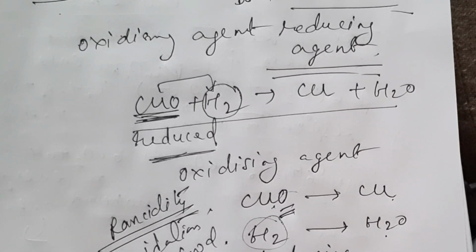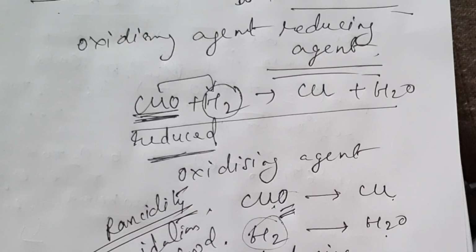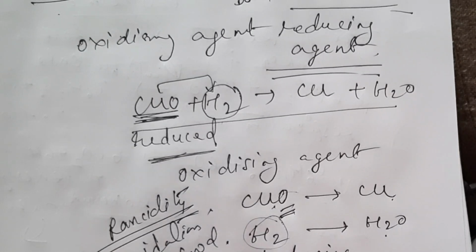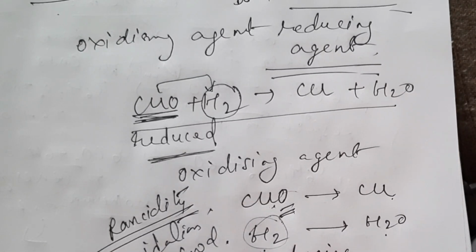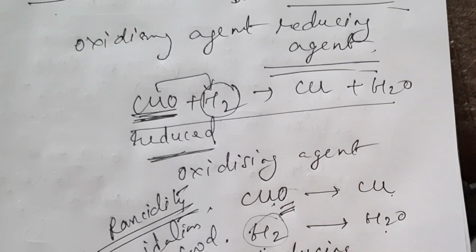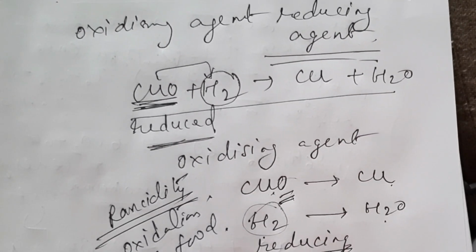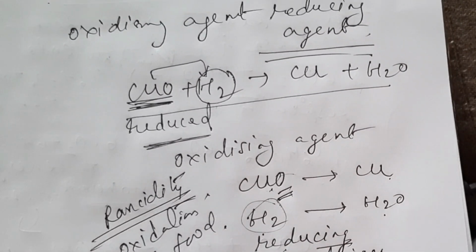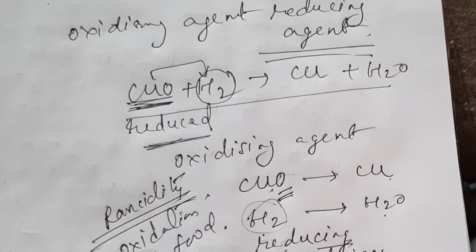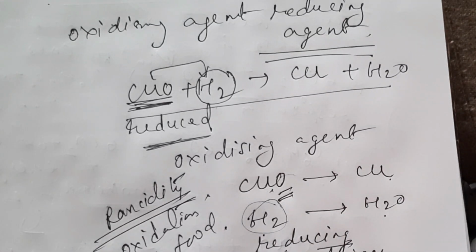Rancidity is oxidation of food, and it can be prevented by keeping the food in an airtight container. First point, keeping in an airtight container, and second point, adding nitrogen to the food items. Generally, the chips manufacturers flush the chips packets with nitrogen so that it will be prevented from rancidity.